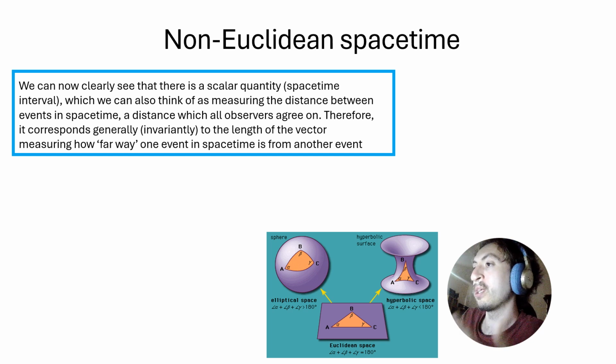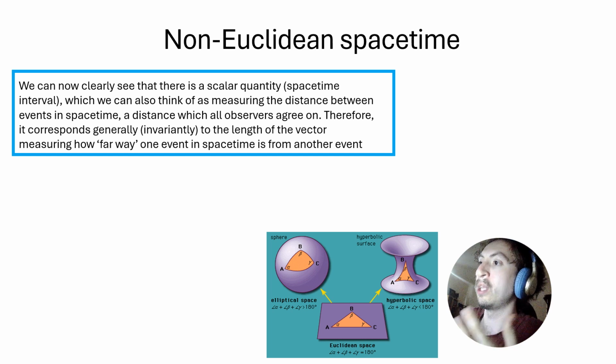Now, because this vector links events with 4 components, 3 components of space saying where the event happens, and 1 component of time saying when the event happens, because it's linking 2 events, each of which have 4 coordinates, this vector is moving through a space with 4 dimensions.